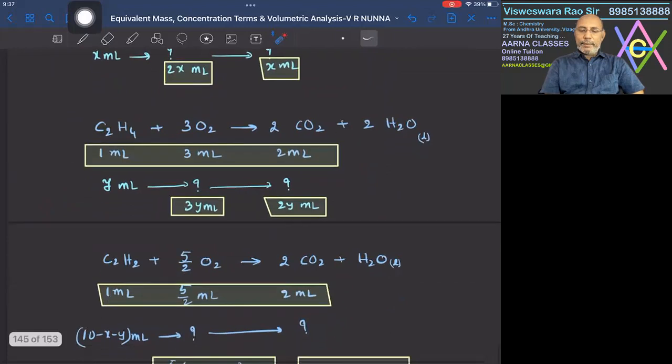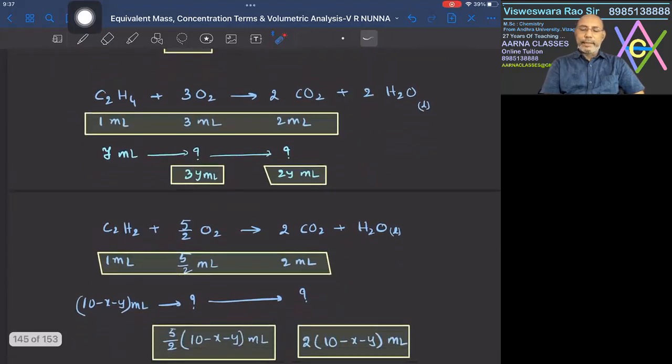In the same way, come to ethane. This is the balanced chemical equation of ethane. Here 1 is there, here 3 is there, here 2 is there. So 1 ml of ethane needs 3 ml of oxygen for combustion and gives 2 ml of carbon dioxide. But y ml of ethane is taken.